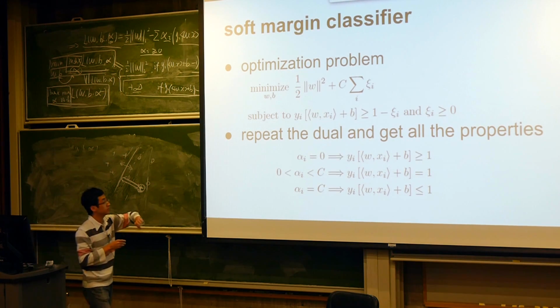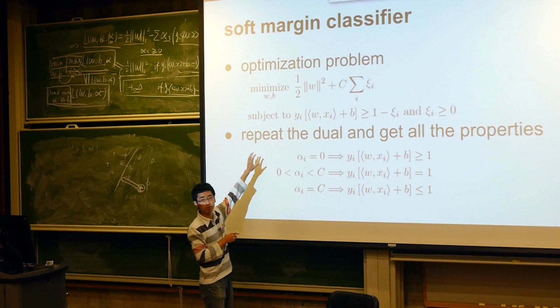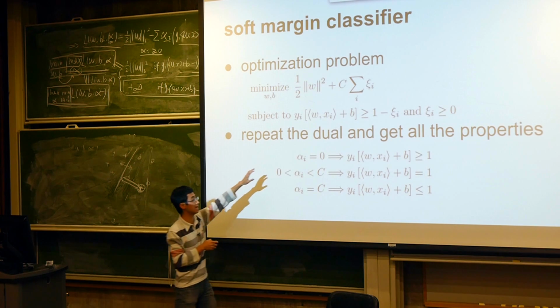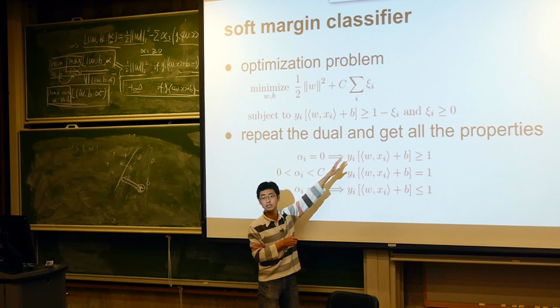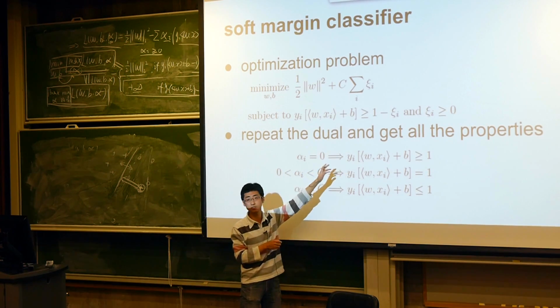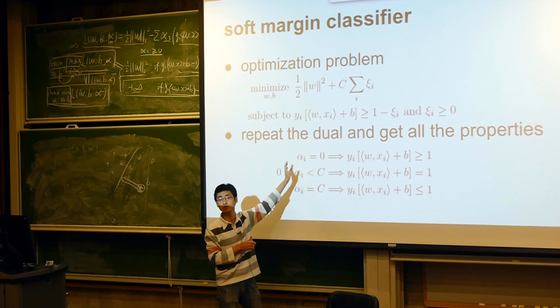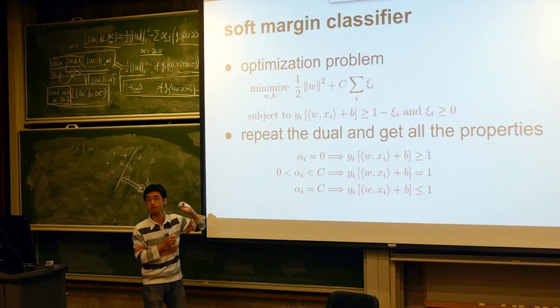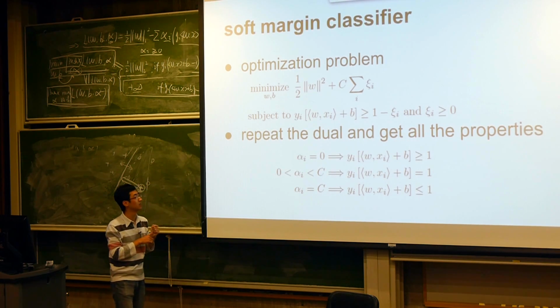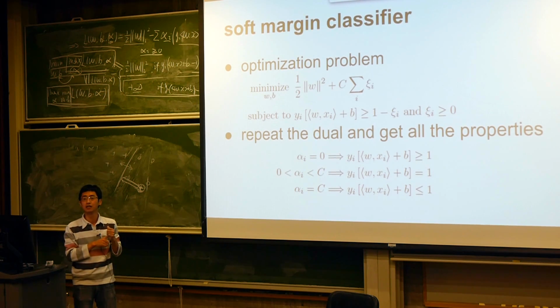So if c equals 0 here, then this problem is different from the original problem because we have a slack variable here. We can always set this to be equal to 1, and we get a solution. This solution may not be the original solution, but this still has a solution. Am I clear on that?